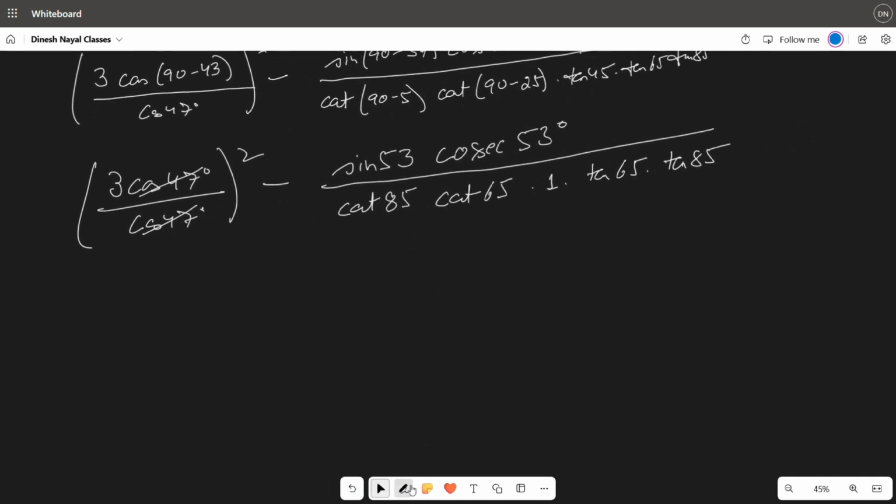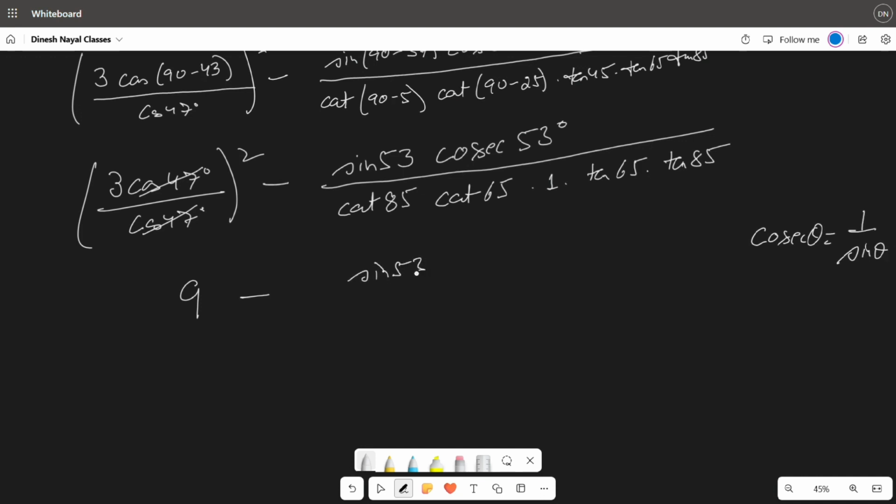Now see, this got cancelled. 3 square is actually 9 minus sine 53, cosec 53. We know that cosec theta is 1 by sine theta, the reciprocal of this. So we can write sine 53 into 1 upon sine 53. These two will get cancelled.